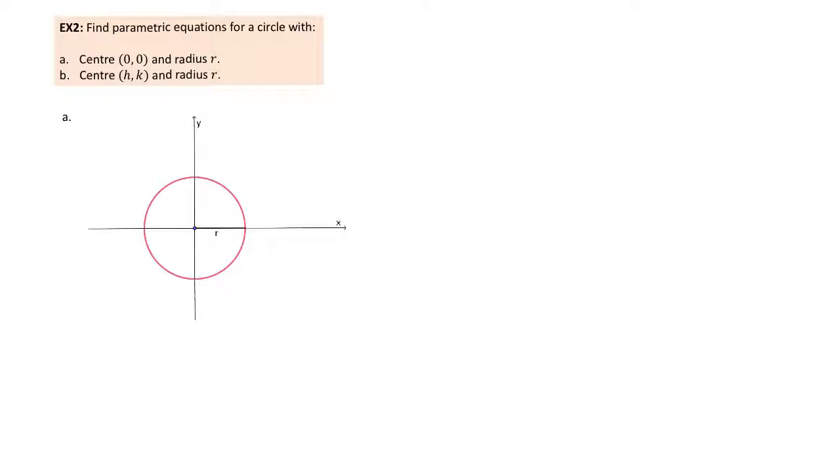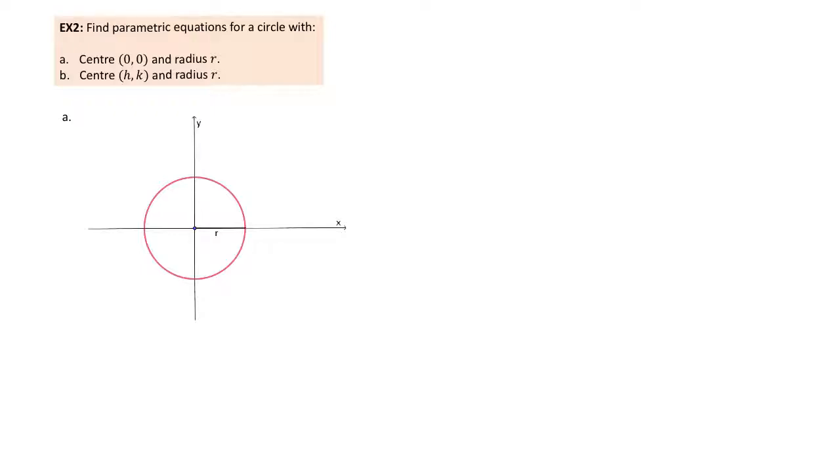In example 2, they're asking me to find the parametric equations for a circle with center 0, 0, as you can see right here on this graph, and radius r. How do I parameterize a circle like this? And then in part B, they're asking me to find parametric equations for any center, not just the origin, any center h, comma, k.